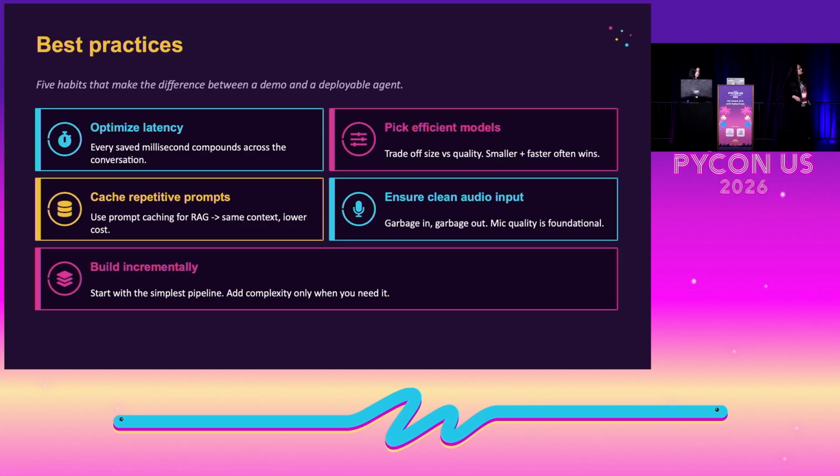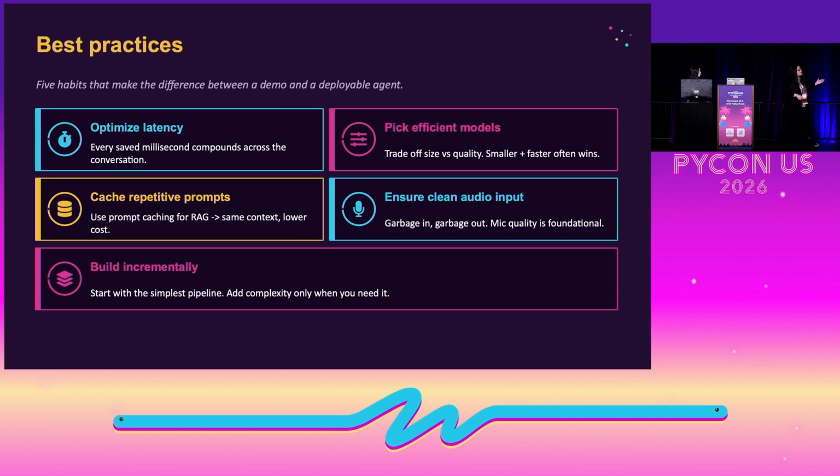Then you need to pick an efficient model. You need to pick between the size and the quality of the model. Maybe you can pick a smaller one and have a good enough answer, right? Then you can use prompt caching if you are doing some RAG to have less latency.